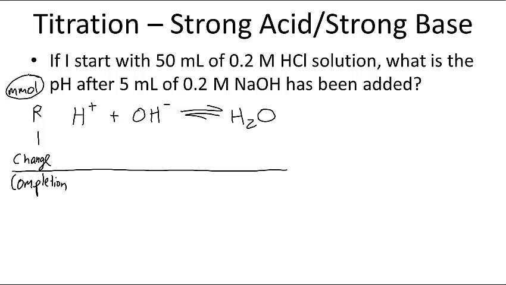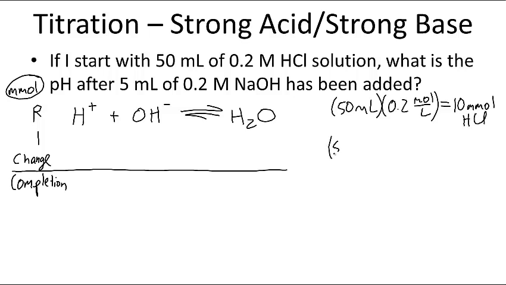So let's see. Initially, I have 50 milliliters of 0.2 molar HCl. So to get the number of millimoles I have initially, I'm going to use 50 milliliters times 0.2 moles per liter. So that gives me, what, 10 millimoles of HCl.